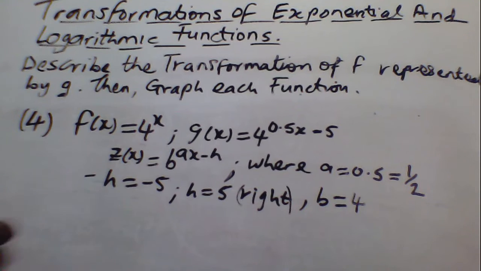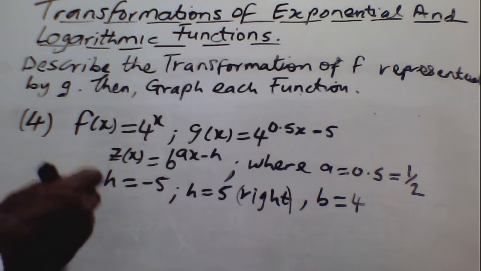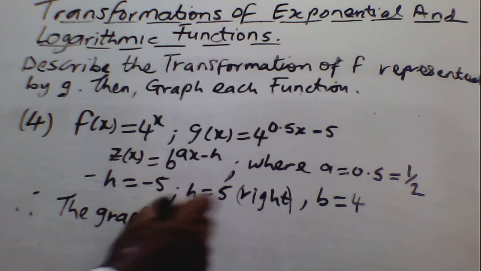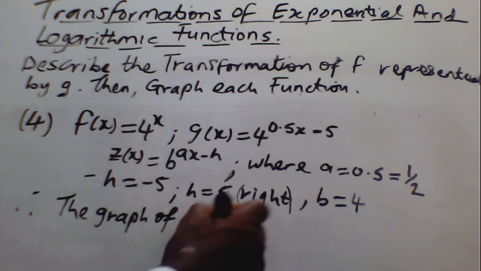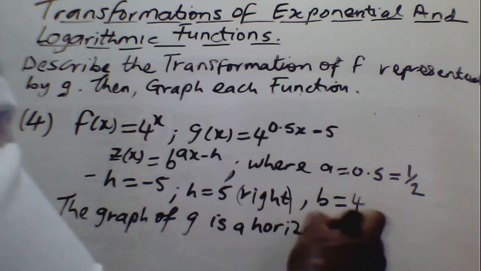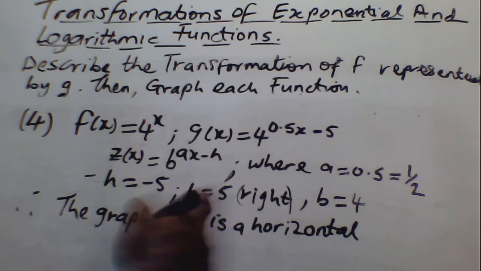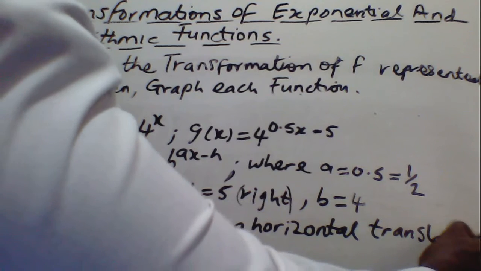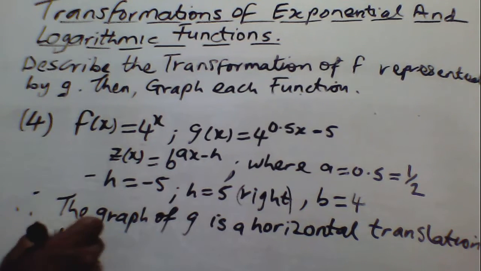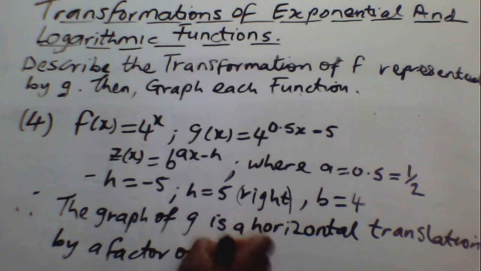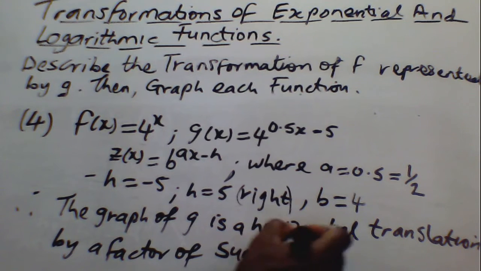So with the information we have, we can now conclude the graph. The graph of g is a horizontal translation by a factor of 5 units to the right.